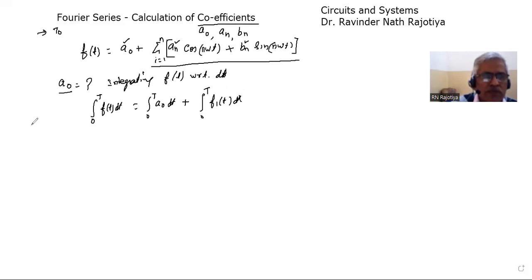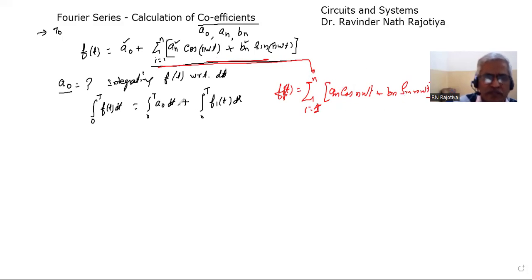So what is this f1 of t? Here let's assume that f1 of t is this part, that is summation of i equal to 1 to n of an into cos of n omega t plus bn into sine of n omega t.